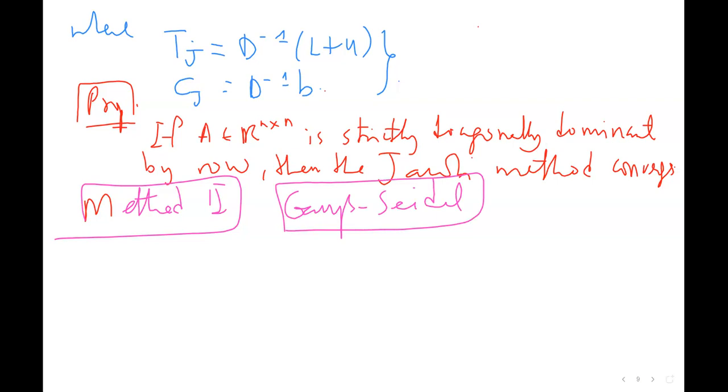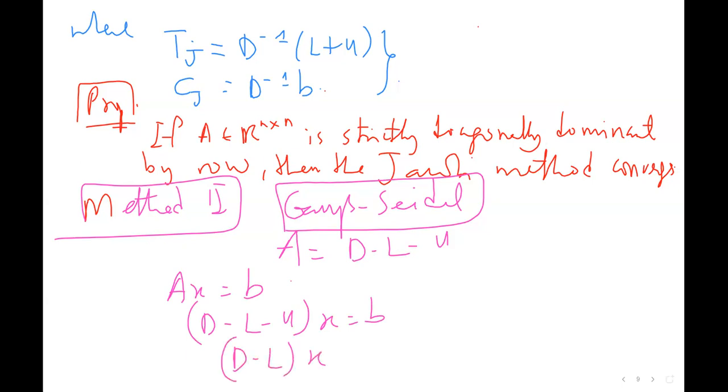The same way you have A to be D minus L minus U. Unlike the Jacobi method, in this case, we only separate the upper from the rest: (D minus L)x minus Ux equals b.